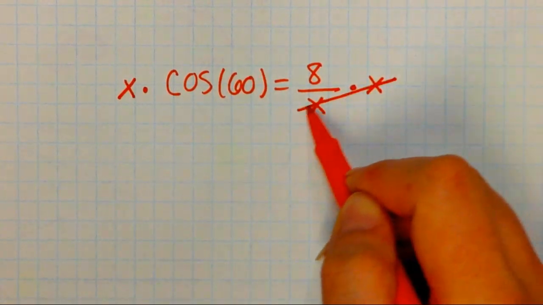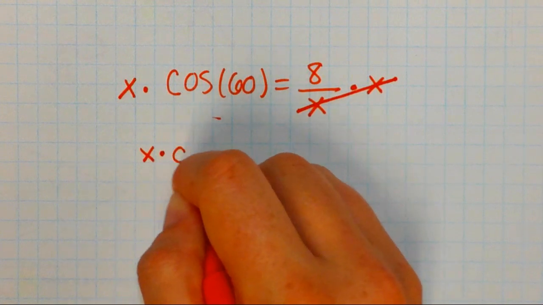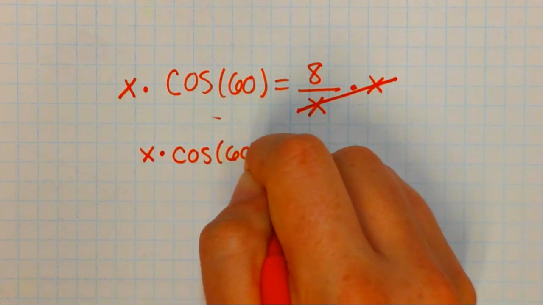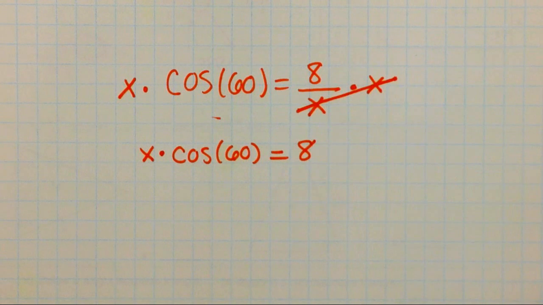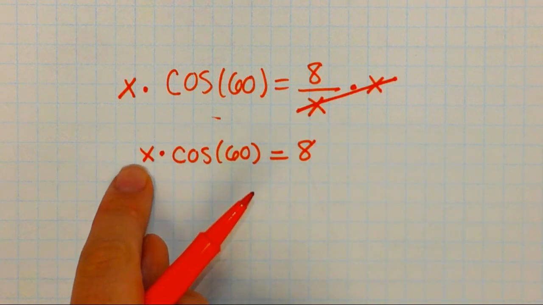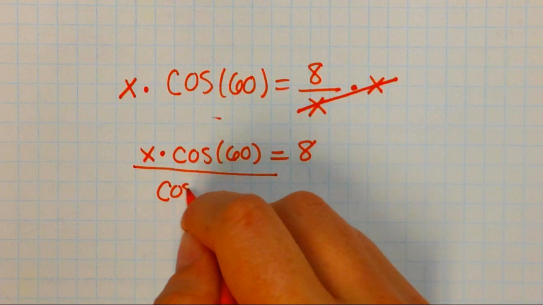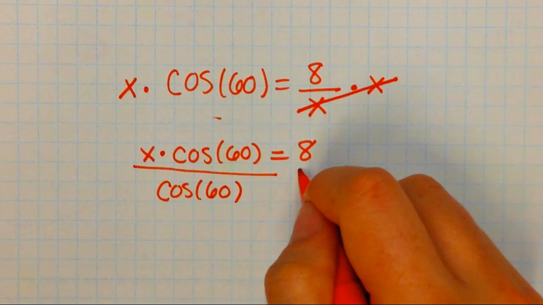These x's will cancel out. And on this side, now I have x times the cosine of 60 is equal to 8. So it says x times cosine of 60 equals 8. If I want to separate these, then I need to divide by the cosine of 60.